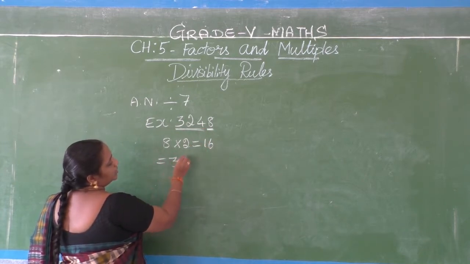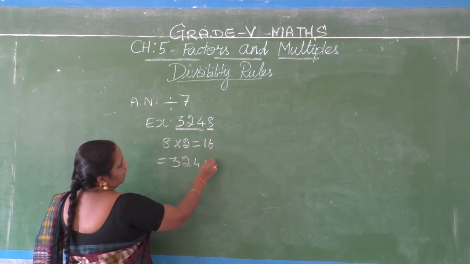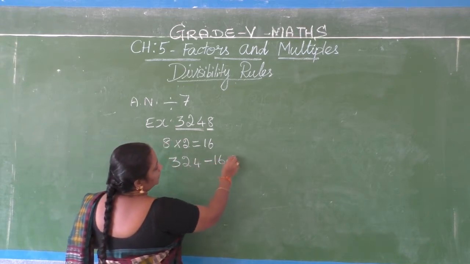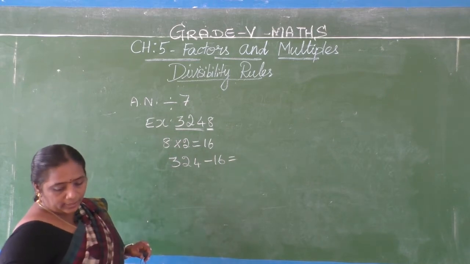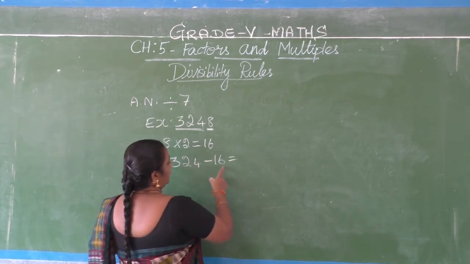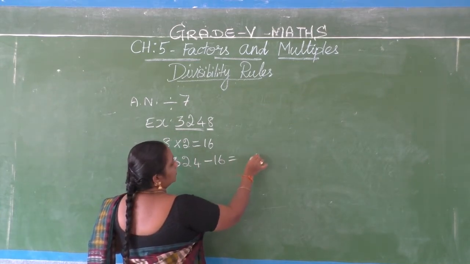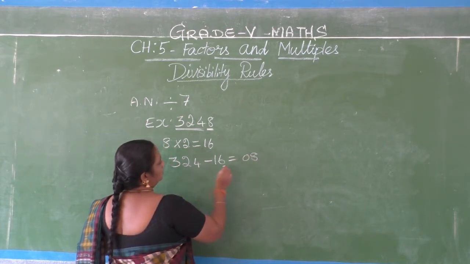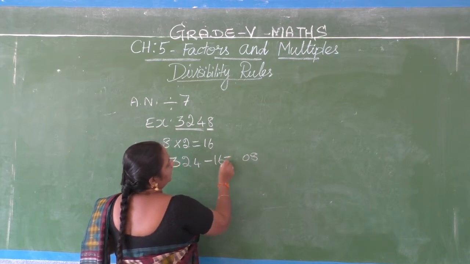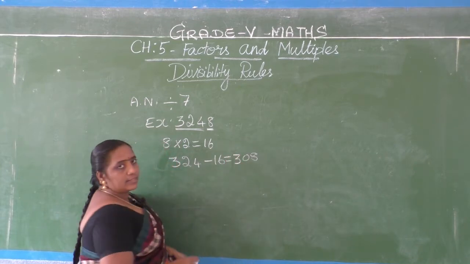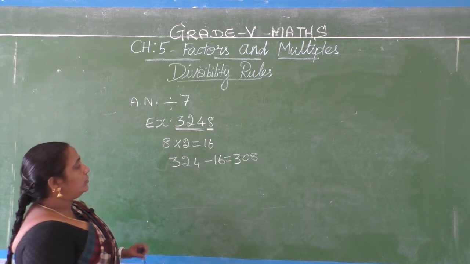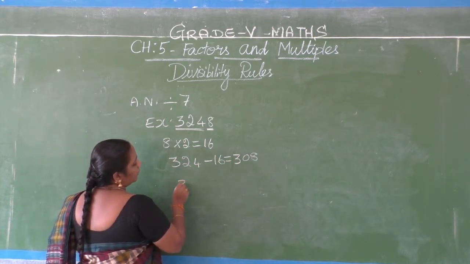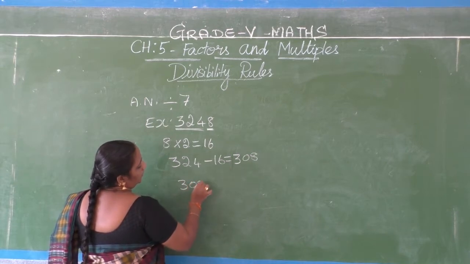So 324 minus 16, what will come? 14 minus 6 is 8, 1 minus 1 is 0, and 3. So 308 is the difference. Now we have to check whether this 308 is divisible by 7 or not.